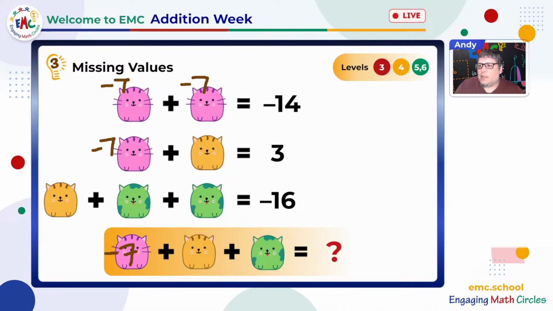So we're going to take 7 and add that on to get back to 0. And then how much more do I need to get to 3? So I'm going to have 7 plus 3 more to get to 3. So orange is going to give us 10, positive 10.